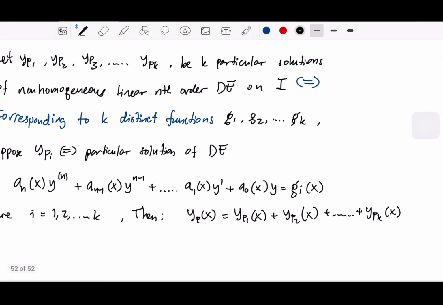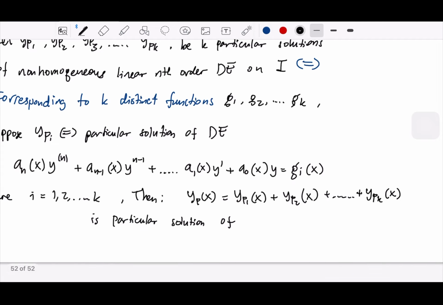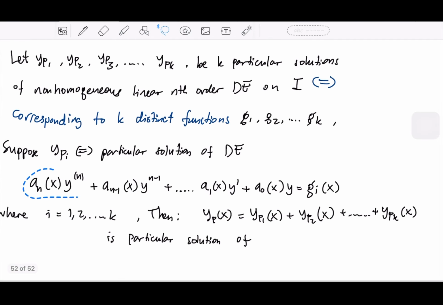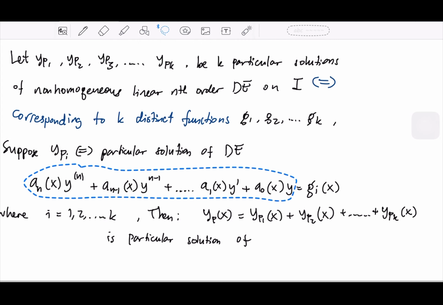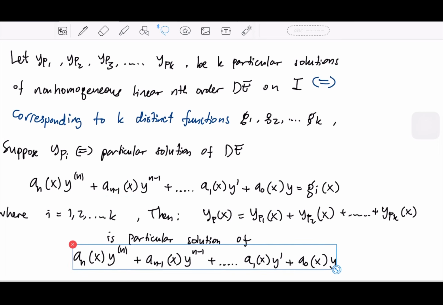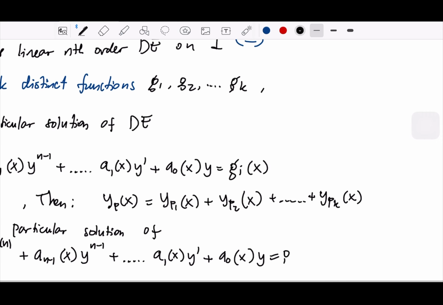Then this yp of x is a particular solution of the equation with right-hand side equal to g1 of x plus until gk of x.